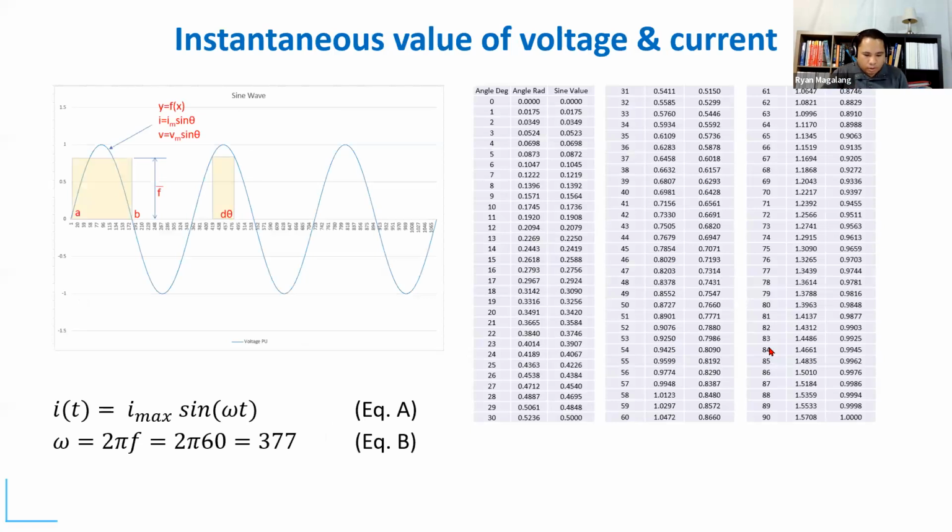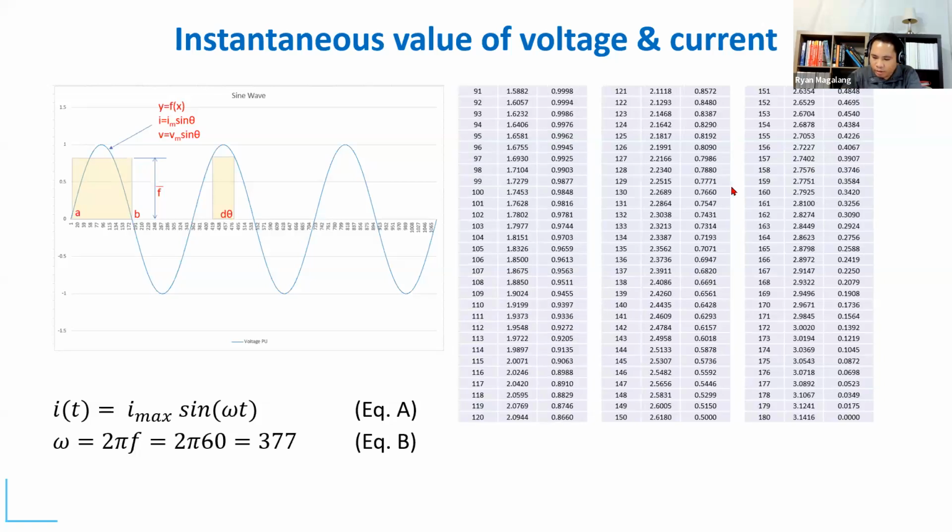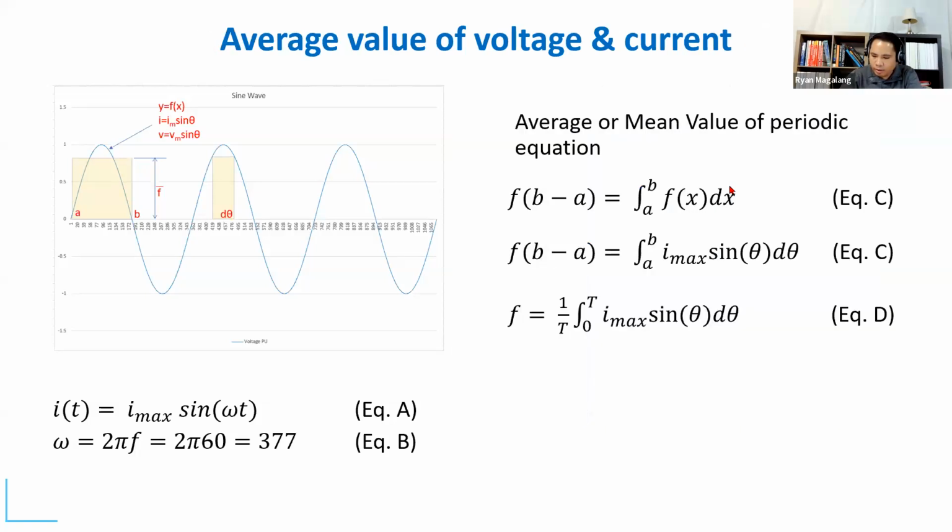Okay, we'll just quickly review this. I was trying to remove this from the training because there are so many slides. The instantaneous value of voltage and current, we know this from the old days. I have tabulated on the right side the equation and some of the derivation.